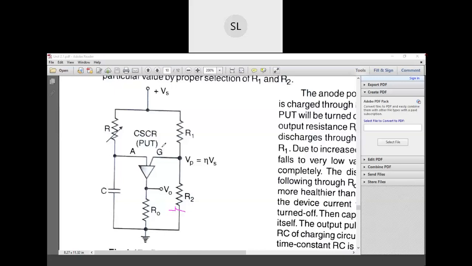So it is better to use PUT instead of UJT. So this is about the PUT.